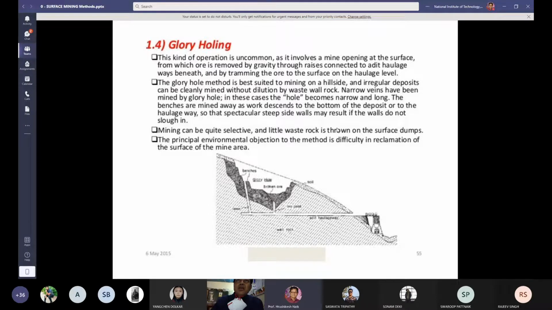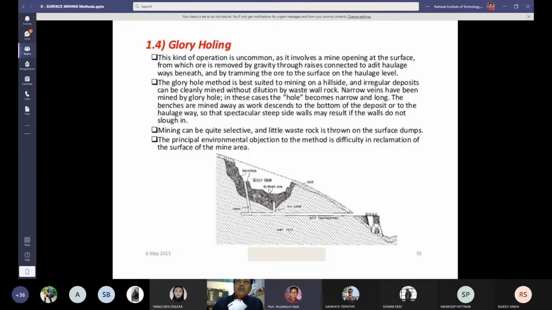You are not going to mine the waste material. Here you are only mining the mineral and allowing it to flow downwards. So this is the advantage of this method, that you are not going to mine the waste materials.